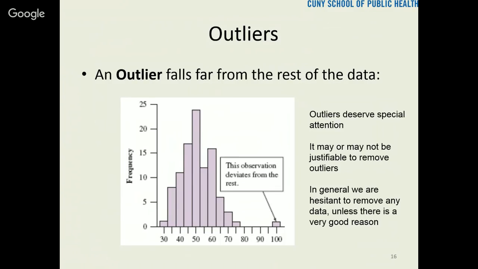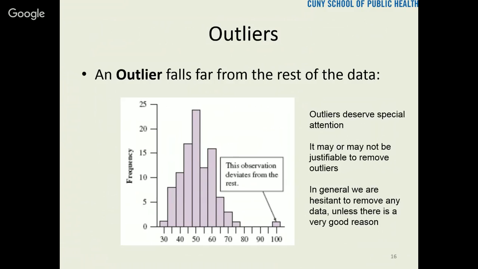And an outlier, there's no precise and agreed upon definition of an outlier. There are plenty of definitions of outliers, but not ones that everyone agrees on. But in general, it's just some data point that falls far away from the rest of the data points. The definition used in box plots is that it's more than 1.5 times the interquartile range outside of the box.